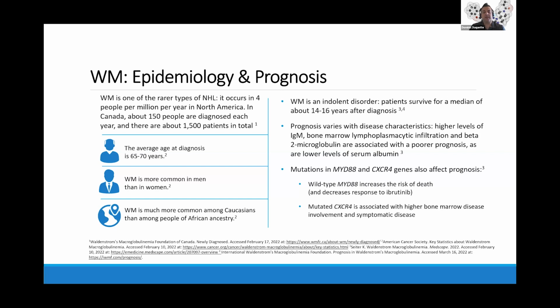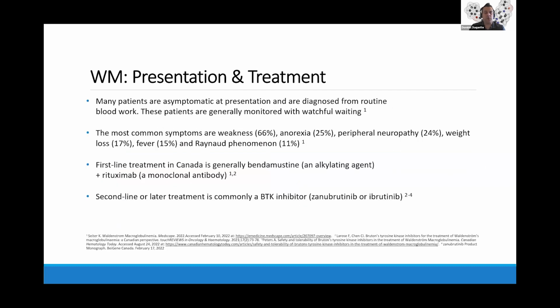Two mutations that are involved, the MYD88 and CXCR4, will affect the prognosis of the disease. And we do know that with MYD88 wild type, which is not that common, the response to ibrutinib is very low. So we'll talk more about that a little later.